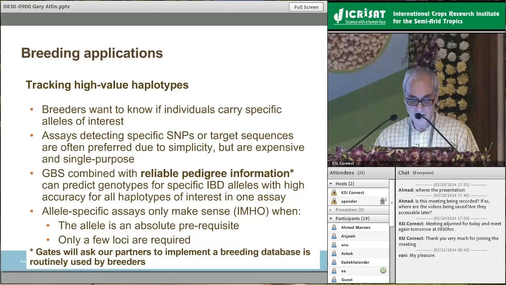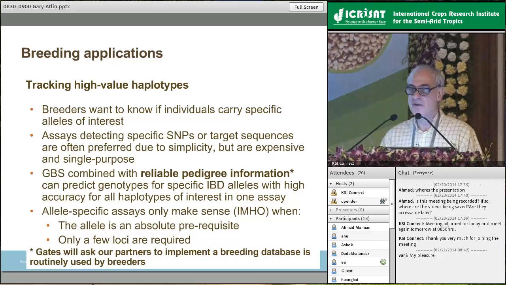I think that, again, we want to use a single assay for this purpose and for quality control in most situations, in my opinion, unless the allele is an absolute prerequisite, and therefore you can screen very early in the program, and only a few loci are required.